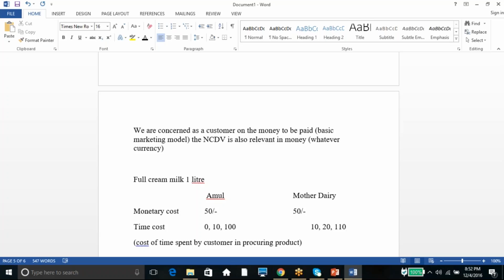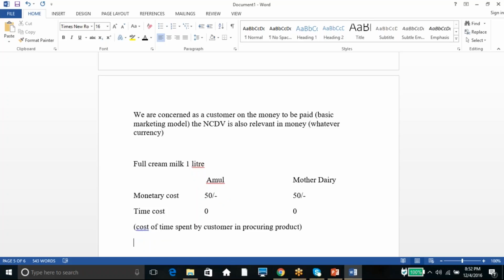Are you getting what I'm communicating here? You can just simply put 0 and 0 on both sides if there is no difference in the time cost. You can put just the variation that you feel is going to be there. For a product like milk, it is unlikely that there's going to be too much variation, so 0 and 0.